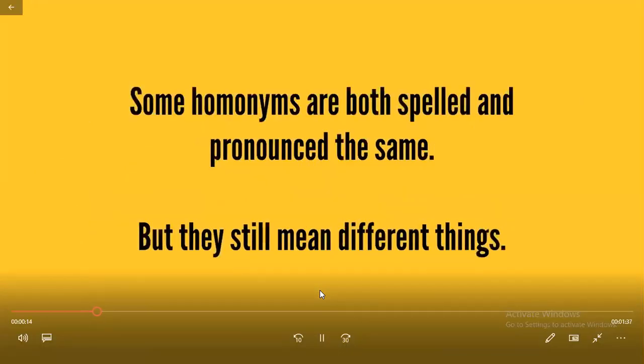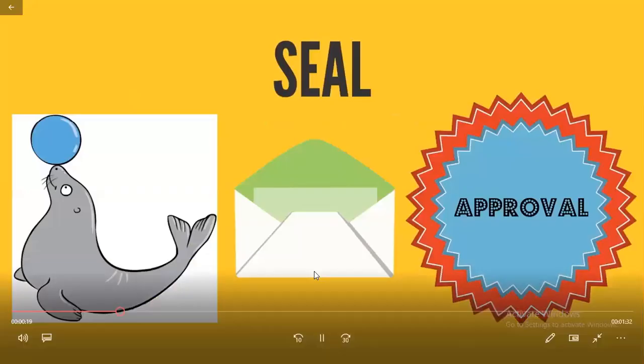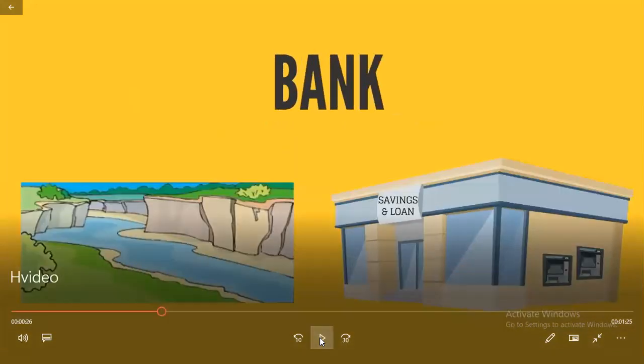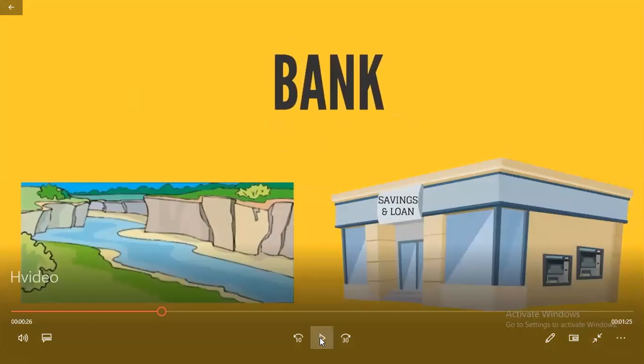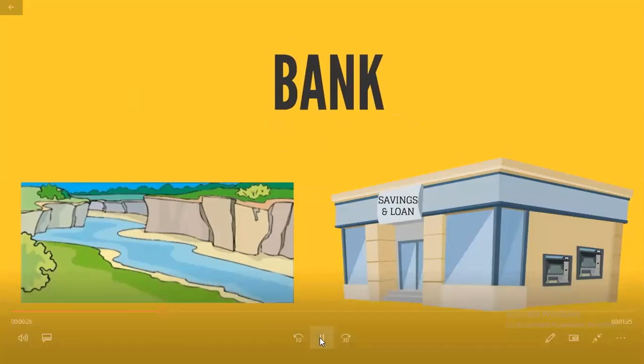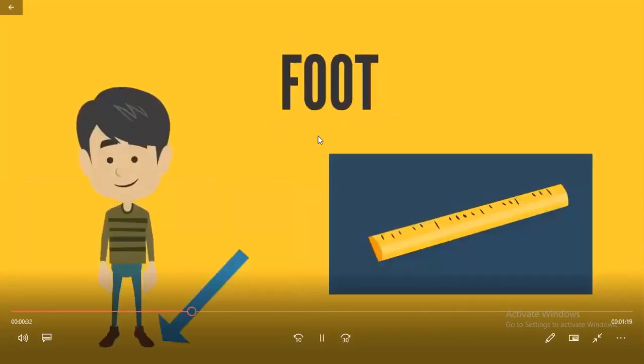Homonyms are words that are spelled and pronounced the same, but mean different things, like seal as in the animal, or seal like to seal an envelope, or seal as in seal of approval, or bank, like the side of a river, or a place you put money, or foot, like the foot you put in a sock, or a unit of measurement that is 12 inches long.